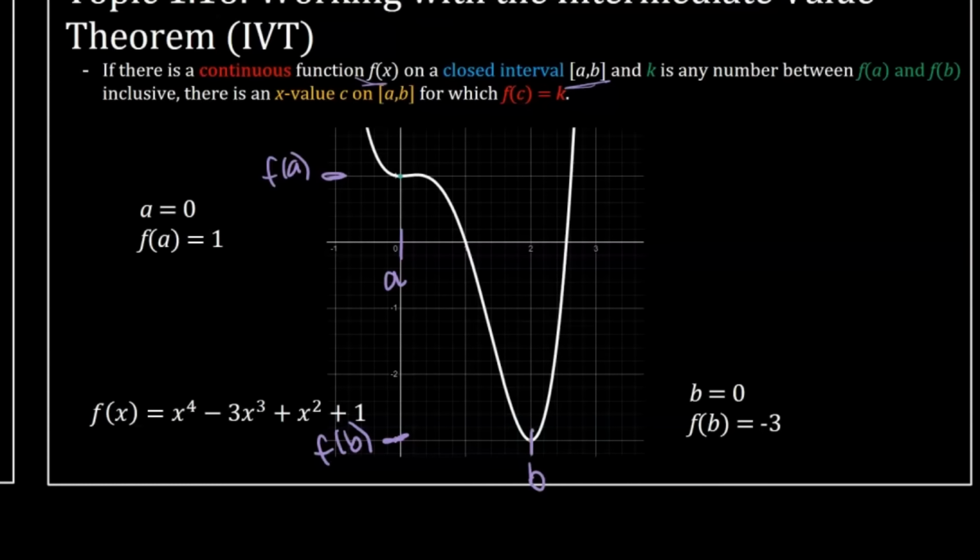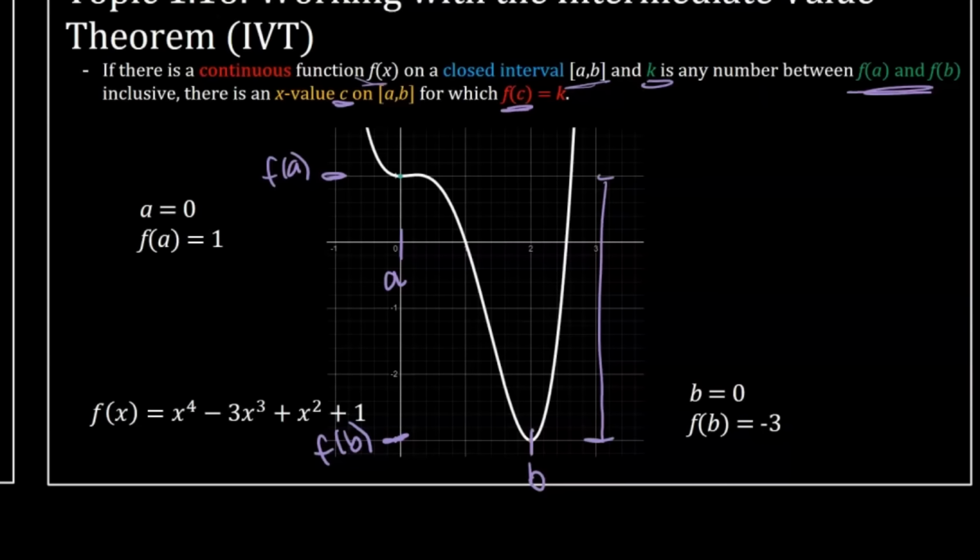If k is any number in between here, so k is any y value from positive 1 all the way down to negative 3, then there is an x value c for which f of c is equal to k. If you just use basic logic here, this makes sense.